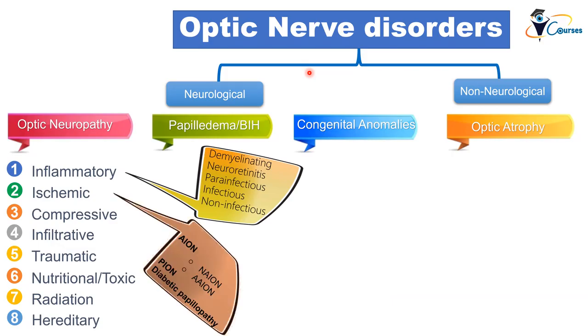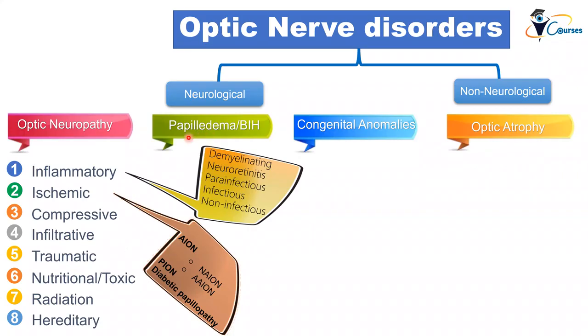The ischemic can be either anterior or posterior ischemic optic neuropathy, or diabetic papillopathy. Anterior ischemic optic neuropathy is further subclassified into non-arteritic or arteritic anterior ischemic optic neuropathy. So this is the classification of the optic neuropathies.